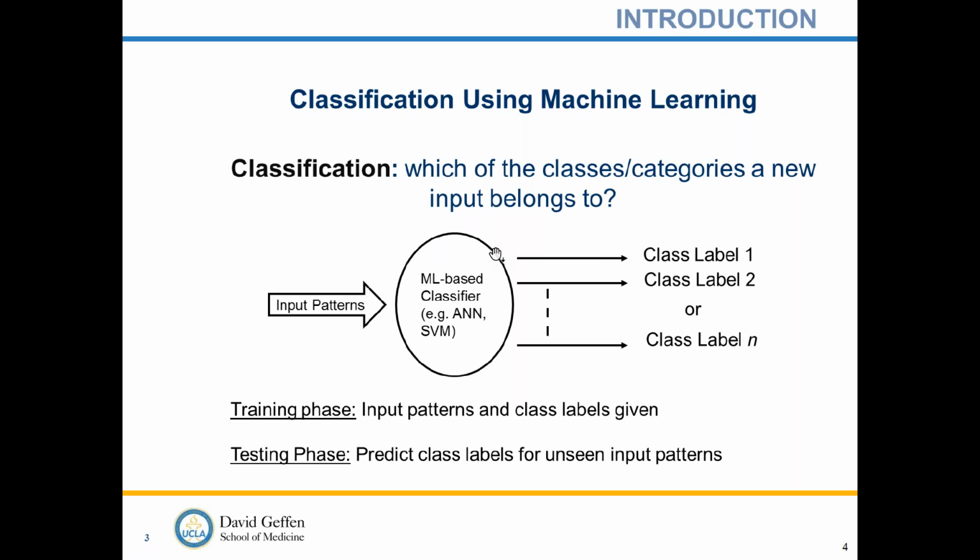In the training phase, you are given input patterns along with the associated class labels. You use this information to train machine learning based classifiers such as artificial neural networks or support vector machines. And when the classifier is trained, in the testing phase, you are given unseen input patterns, and then you have to predict which class or category these patterns belong to.